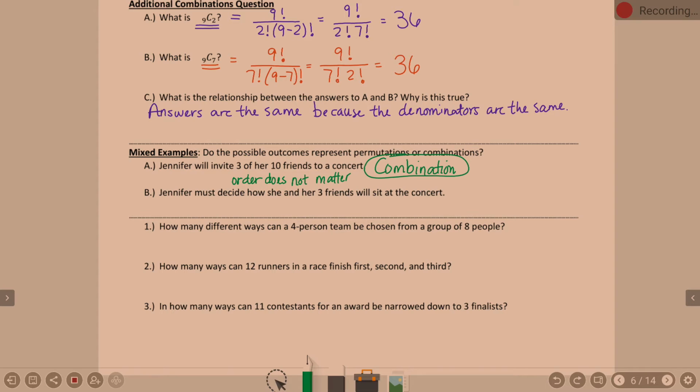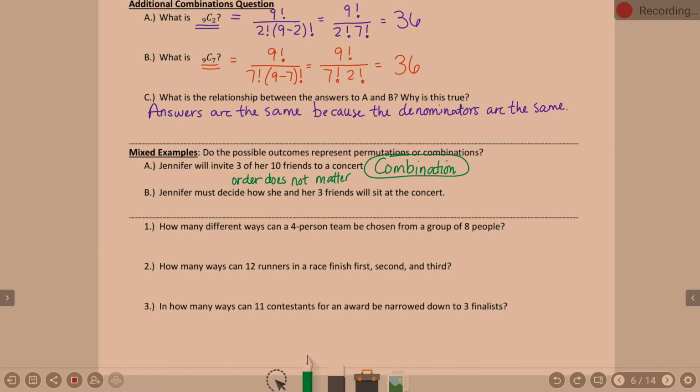Okay. If we go back to yesterday when it was Gabriella arranging a playlist, that was songs ABC. This would be like using ABCD for Jennifer and her 3 friends. Okay? ABCD is not the same as BCDA, which is not the same as CDAB, and so on and so forth.